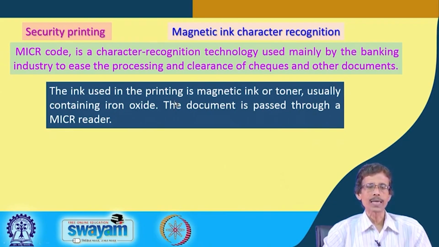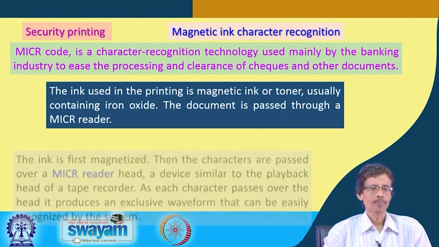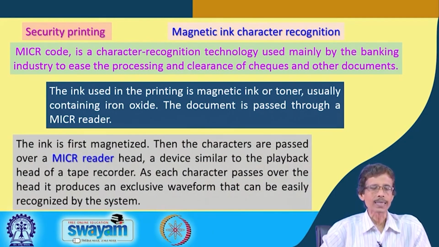The ink is used basically in printing, in magnetic ink or toner, usually containing iron oxide, which we have just seen, and the document is then passed through the MICR reader. The MICR reader will read the material in the magnetic coded form within the check. The ink is first magnetized, then the characters are passed over the MICR reader head, like that of an audio tape, a device similar to the playback head of a tape recorder.